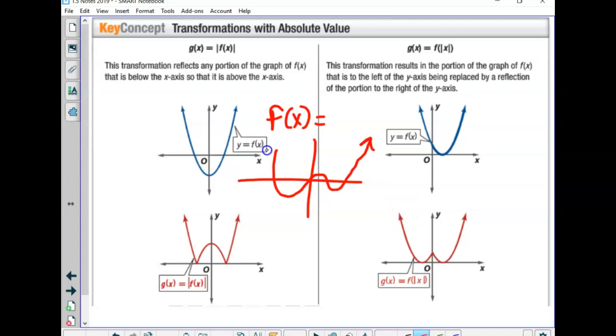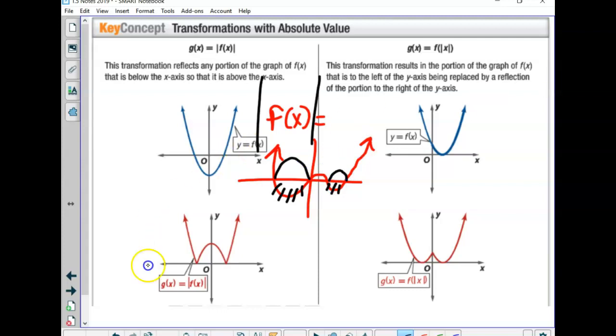If you were to put an absolute value around the whole thing, it takes all the parts that used to be below here and flips them exactly how big they were up above there. So that would be the graph. It would have bump, bump, bump, okay?